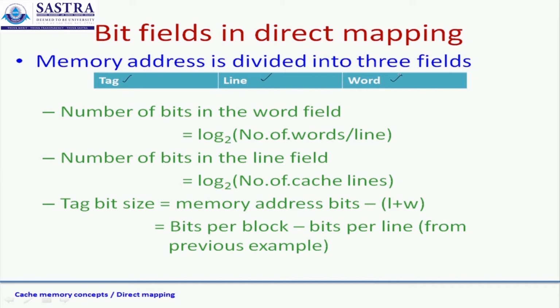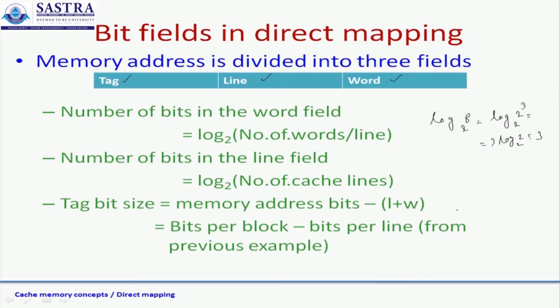Suppose you have 8 words in a particular line, then how many bits will be allocated for the word field? Log 8 base 2, that is log 2 power 3 base 2, which is 3 log 2 base 2, equal to 3 bits.